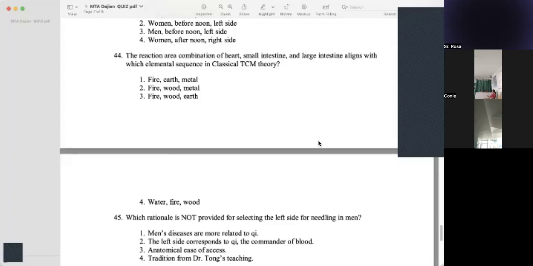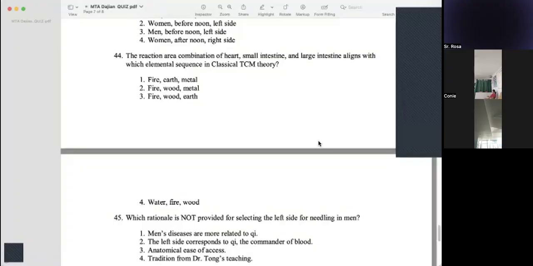Fire, earth. Fire, earth, metal. Paano na ba punta si wood? Heart, fire.